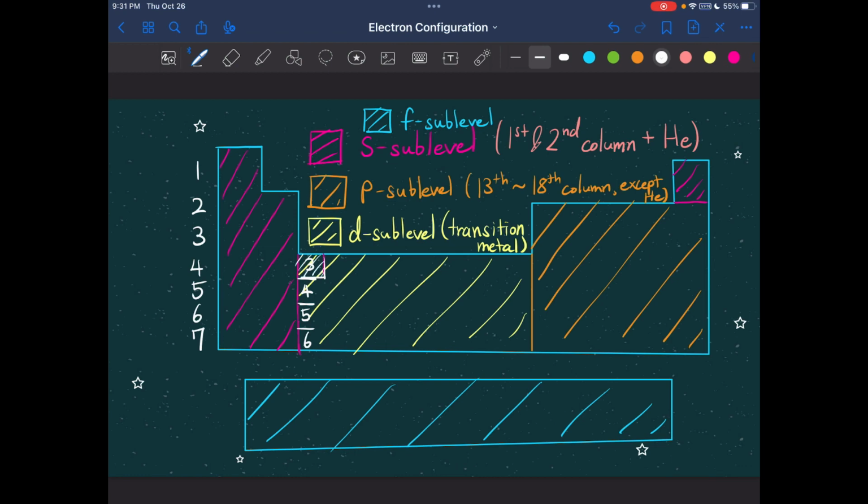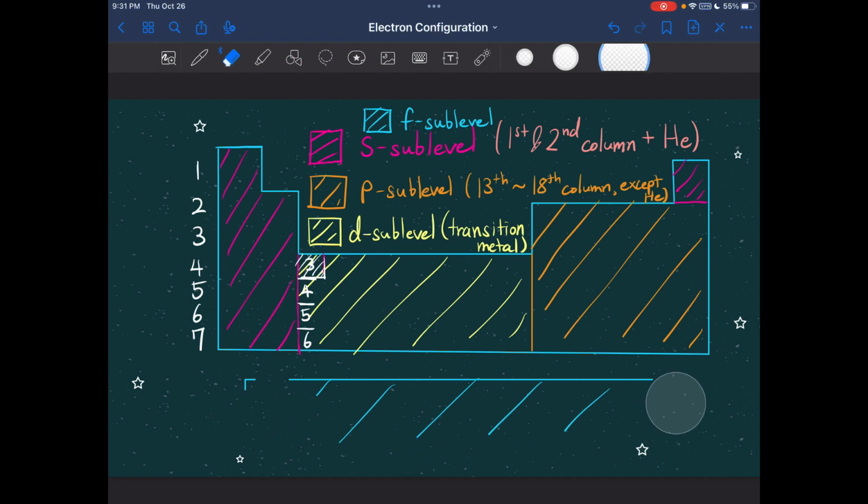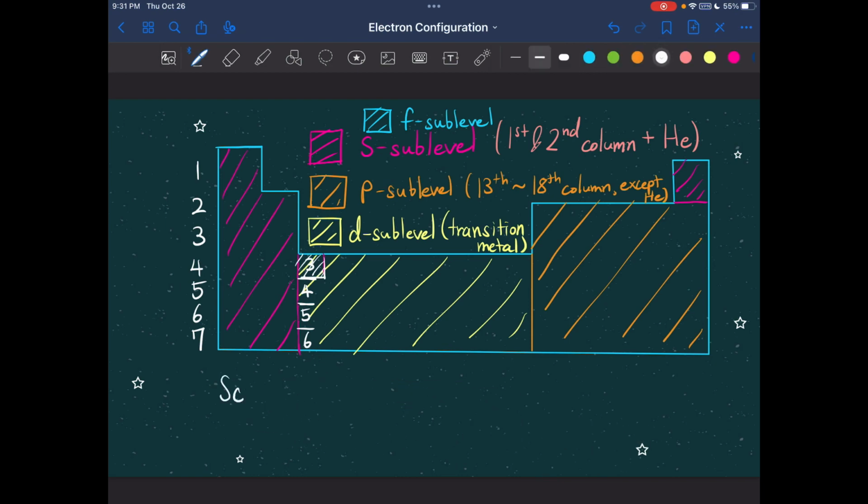So SC, let's do the shortcut method for now. Go one row up, all the way to the right side, which should give you argon. Once you go to argon, we're going to go to the next one, which is 4s2.